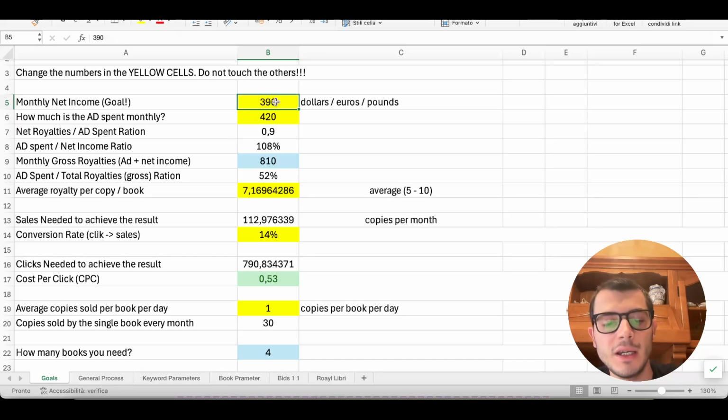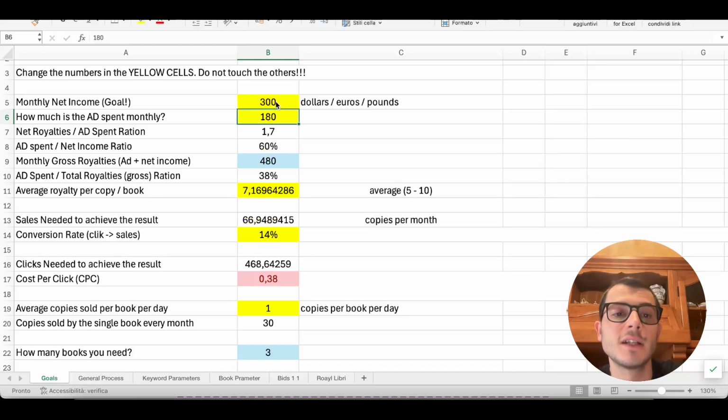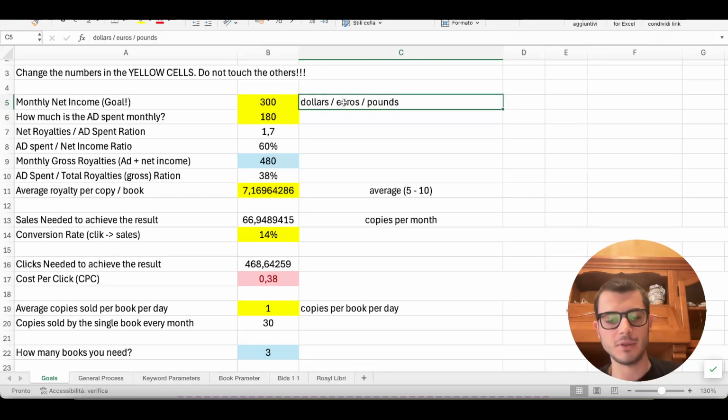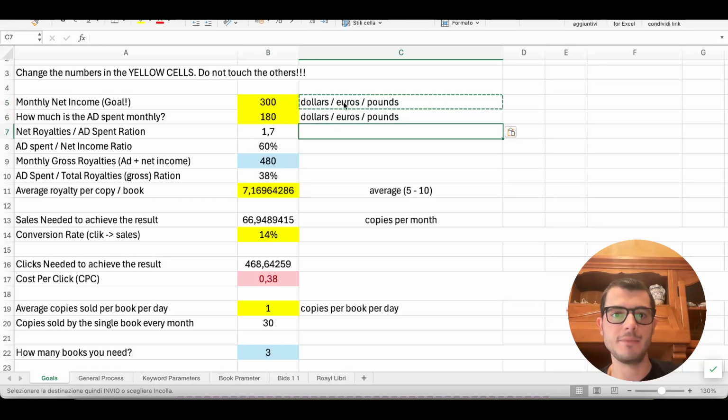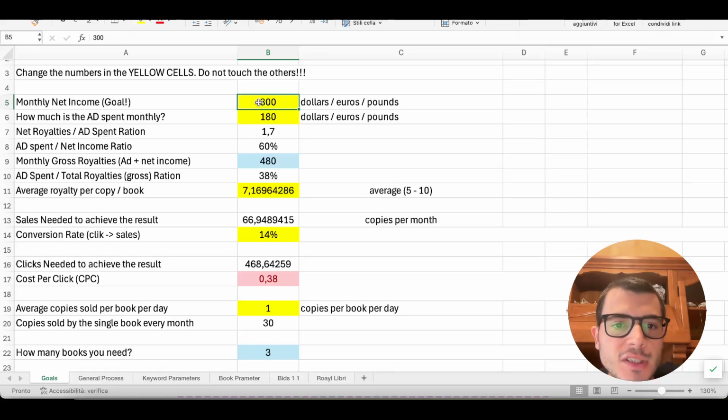For example, if I want to generate 300 euros net with one book, and I want to invest 180, dollars or euros, it's actually the same, it doesn't really matter.